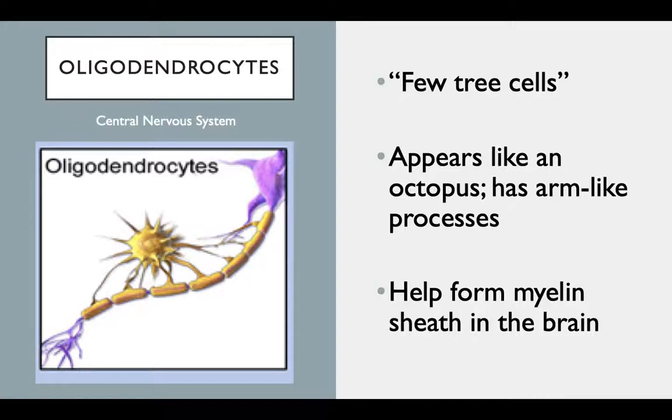Remember, processes are arm-like extensions. Each of the processes will reach out to a nerve fiber and wrap around it like electrical insulation, just like you can see in the picture. Oligodendrocytes help to form myelin sheath in the brain and spinal cord in this wrapping motion. Think of these as the protectors of neurons.